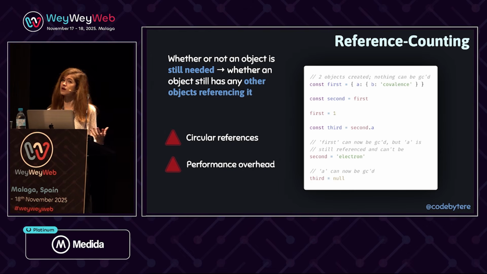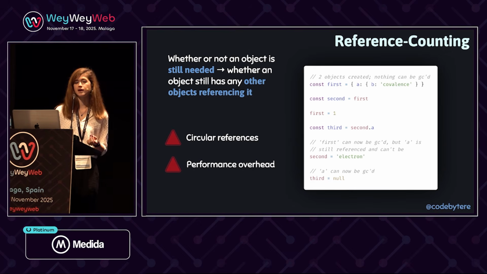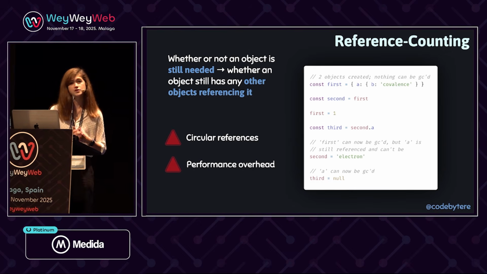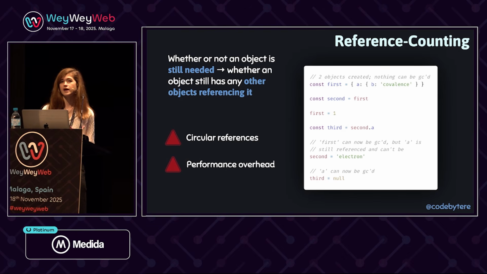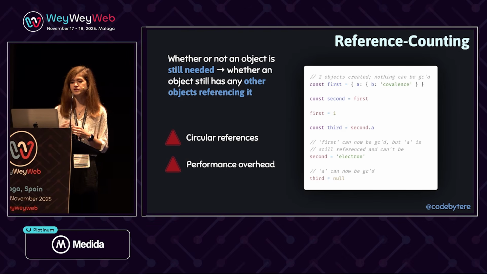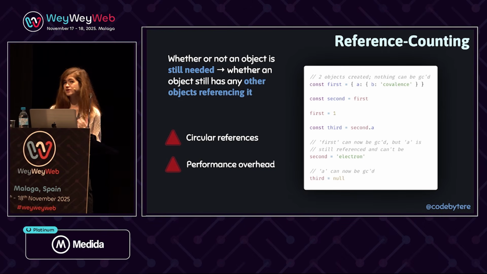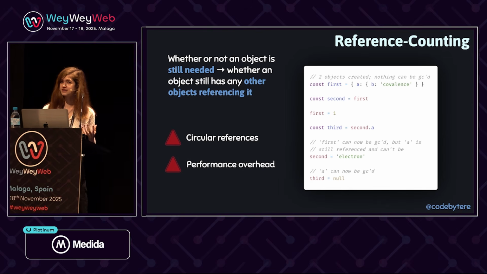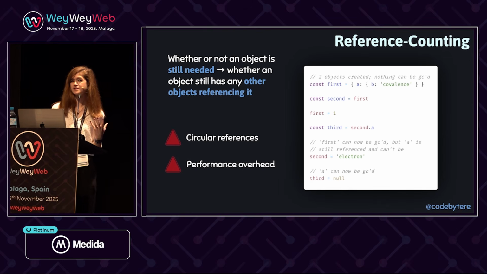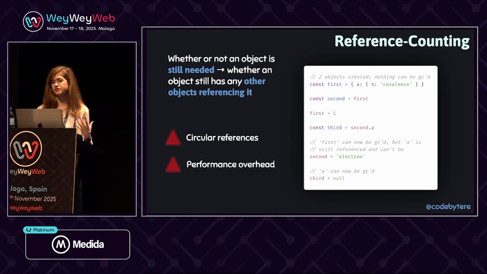In applications with lots and lots of objects, this bookkeeping can pretty quickly build up and slow things down. So, while simple and effective in some cases, reference counting has limitations. That's why modern JavaScript engines rely on a more robust solution known as mark and sweep algorithms, which address these issues and are the foundation of essentially all modern garbage collection systems.